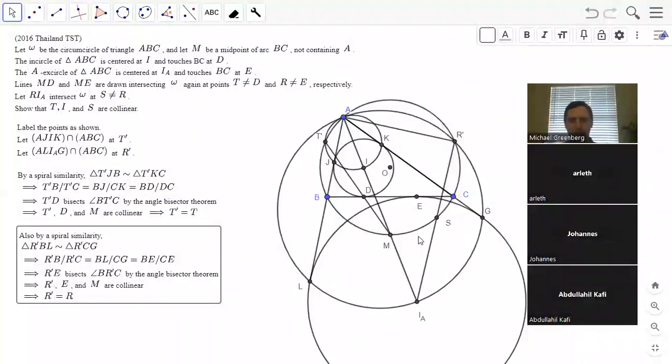And thus, we want to show TI and S are collinear. So angle ATI is equal to 90. Wait a sec. Okay, yeah, if we know both of these are 90, then that pretty much solves the problem.